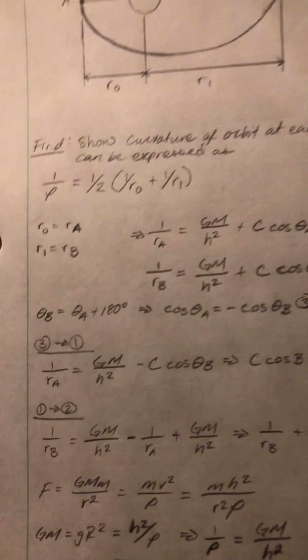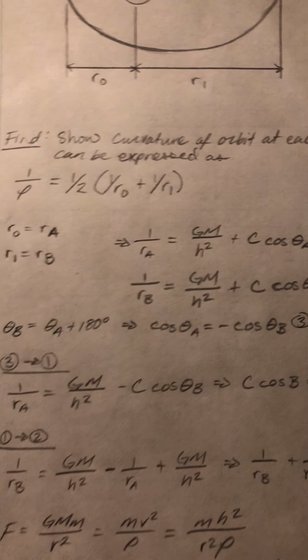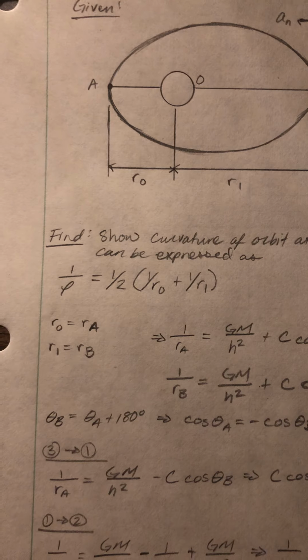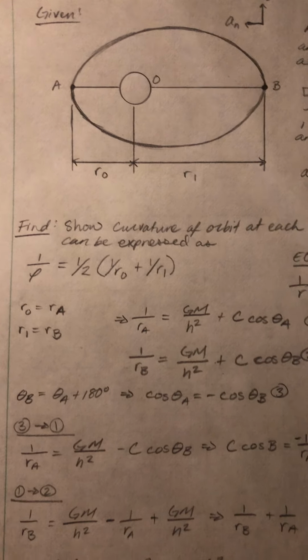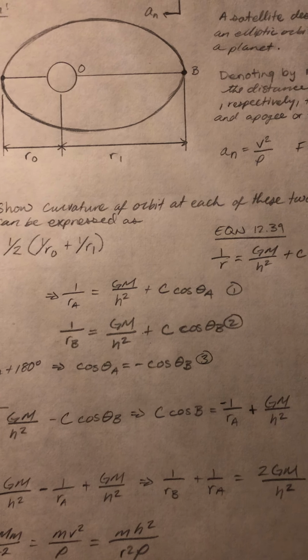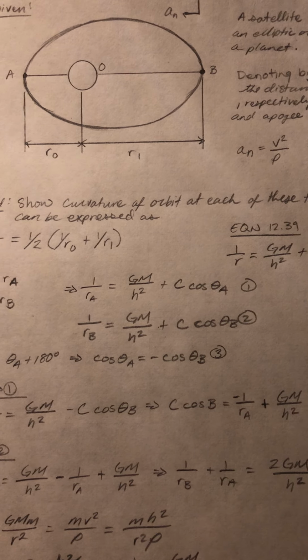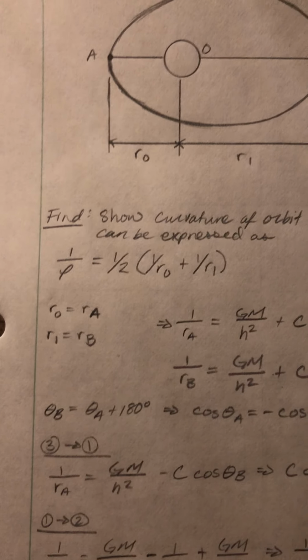as we are given this equation, 1 over rho equals 1/2 times 1 over r0 plus 1 over r1. We're asked to find the curvature of the orbit at each of the two points so that it can be expressed as this equation.